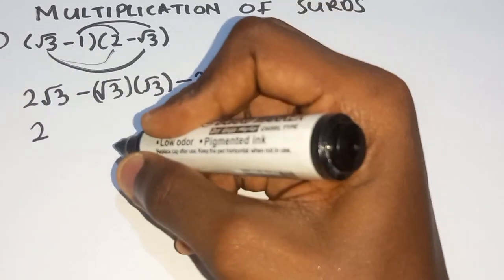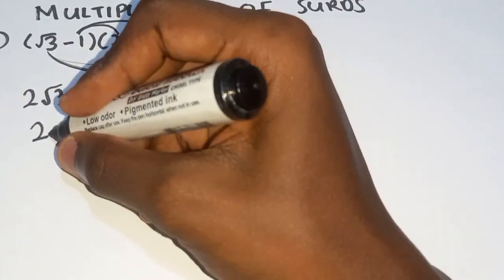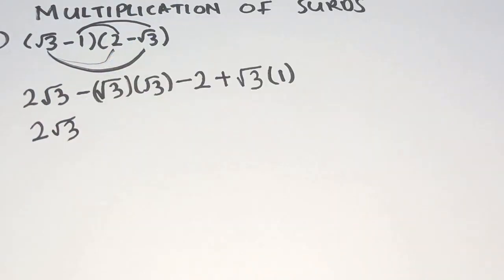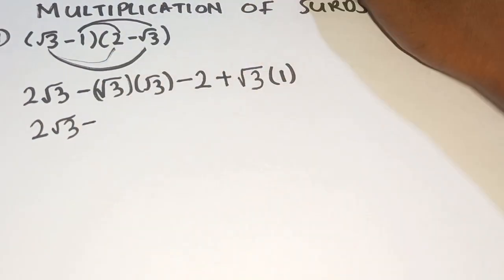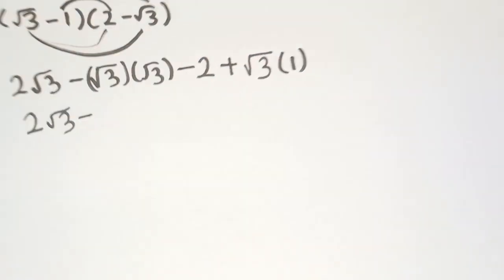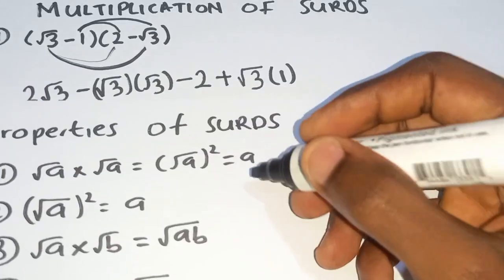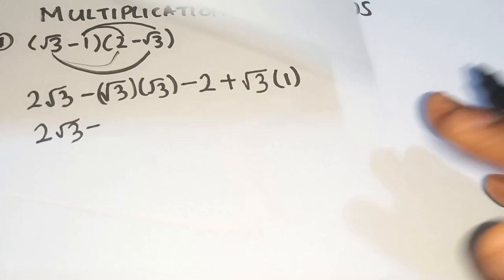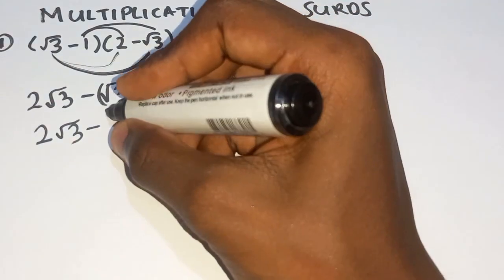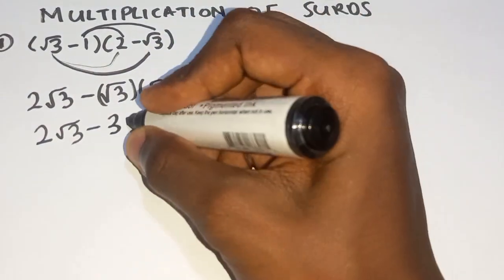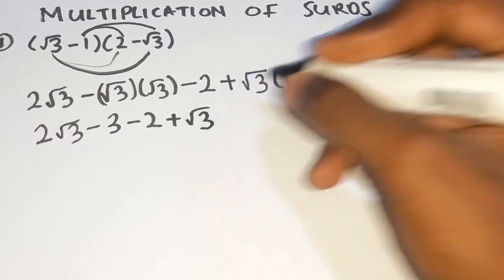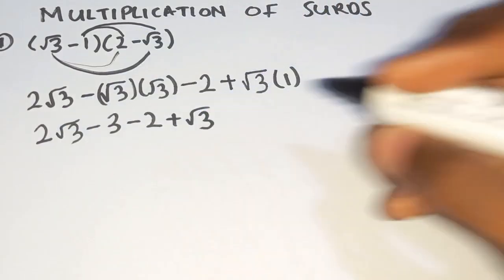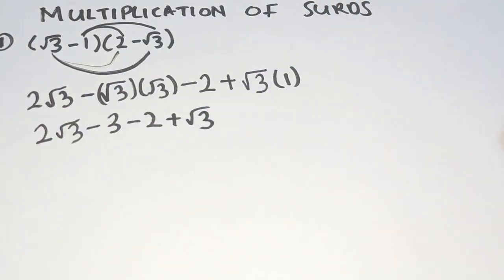We get root 3 from the rule. Here will be a. And what is the number under the square root sign? 3. So then write 3 minus 2 plus root 3. So by simplifying this, we come back to the addition and subtraction of surds as we've done in the previous video.